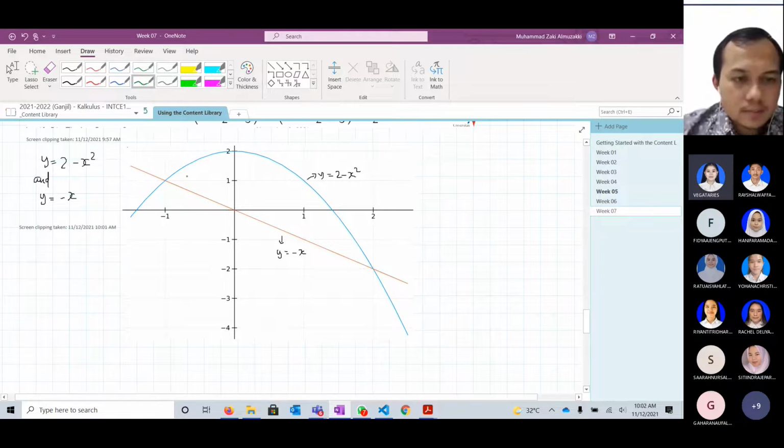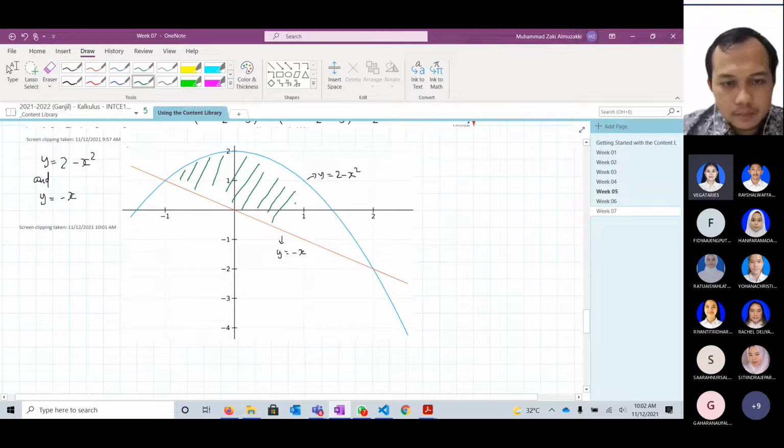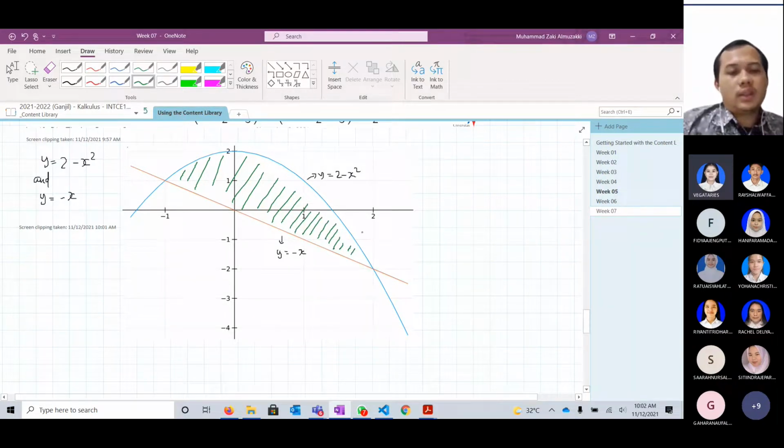Let's use green. We want to compute the shaded area. So basically we want to compute the area between the curve 2 minus x squared and minus x.